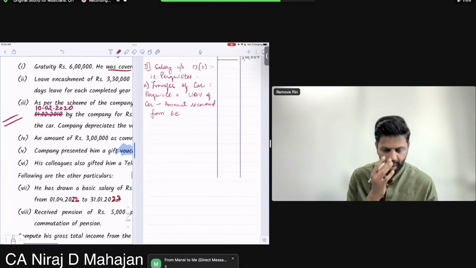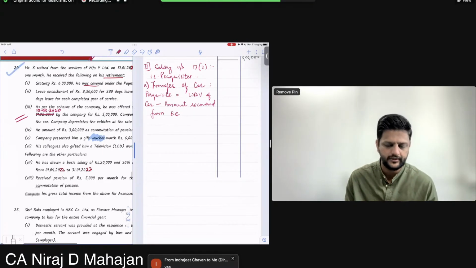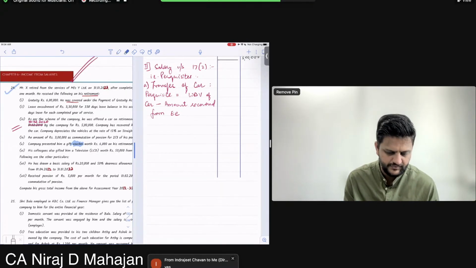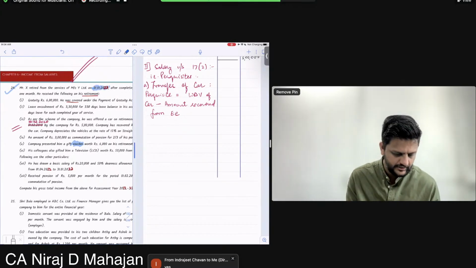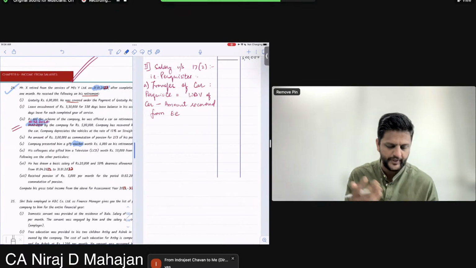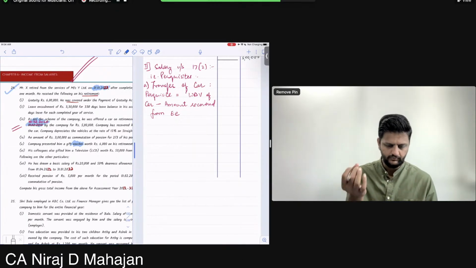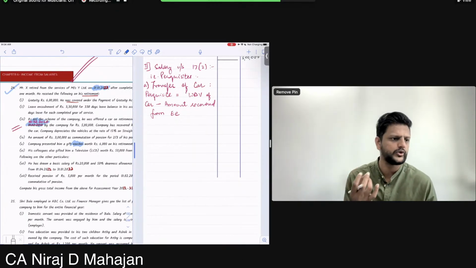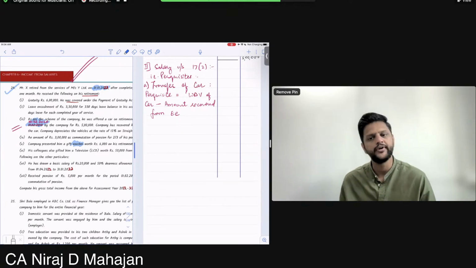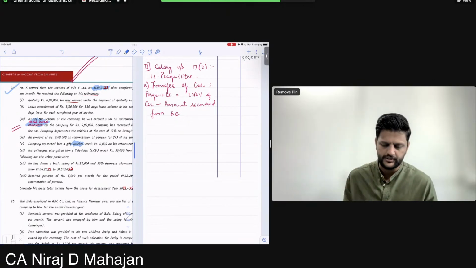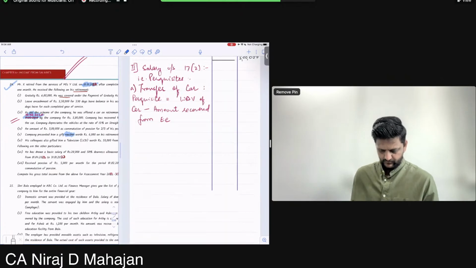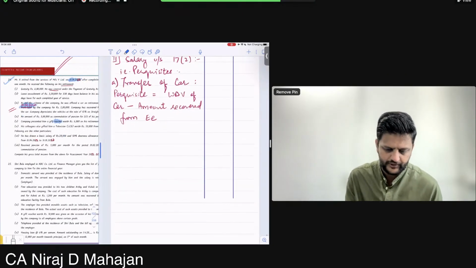When was it transferred? 31st March 2023, that is the transfer date. It was purchased on 10th Feb 2020, so years 21 and 22, because February 2023 has not yet been fully completed. So depreciation is for 2 years.